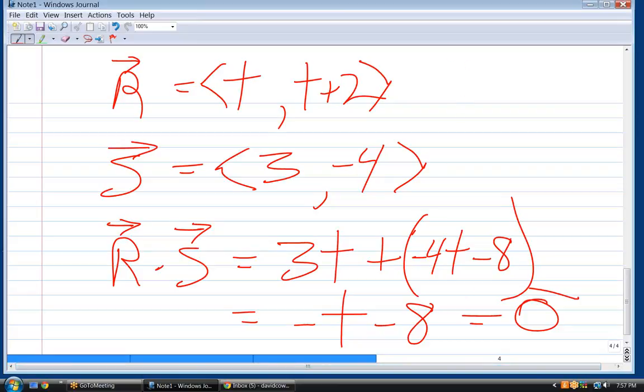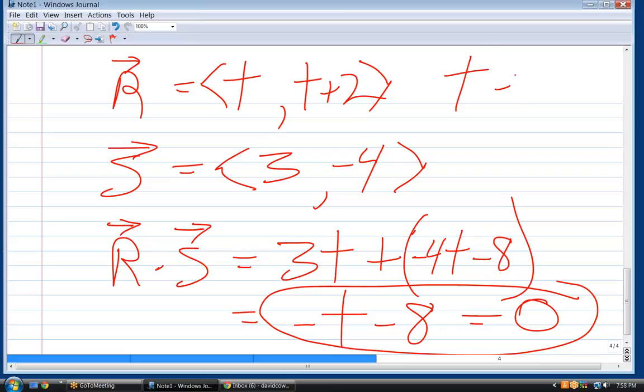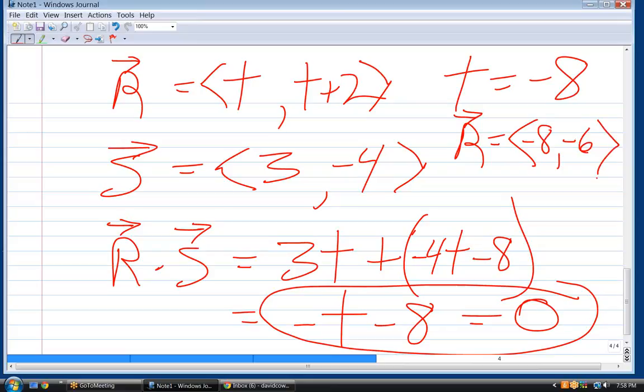In other words, if you solve this equation for T, you get negative 8. And that's the answer. So T is negative 8. So the R vector is actually equal to negative 8 comma negative 6. And then that vector would be orthogonal to this vector because the dot product is equal to 0.